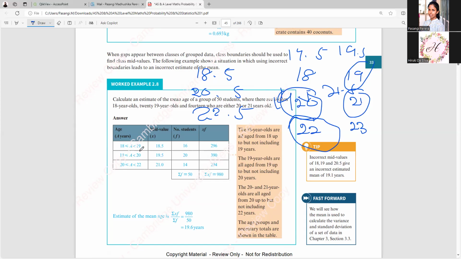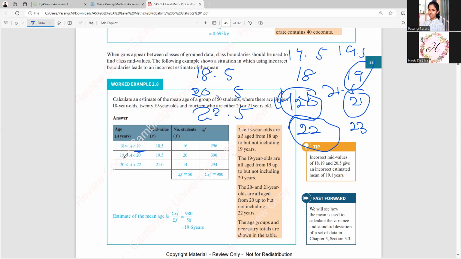Because here, for the first class interval, it's up until 19, and then the next one starts from 19 as well. There are no values in between those two. Whatever they have given is already a continuous one.